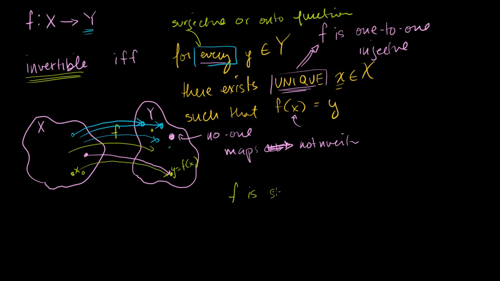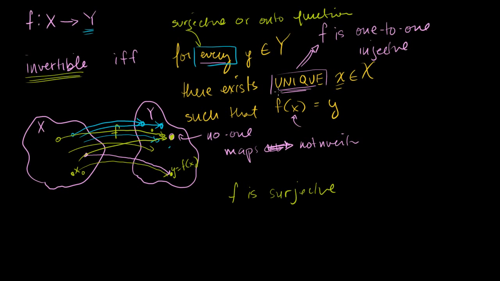If we just said that f is surjective, that means that everything here is mapped to, but it could be mapped to by more than one. Surjective by itself doesn't make the condition that there's a unique mapping from a member of x to that element of y.